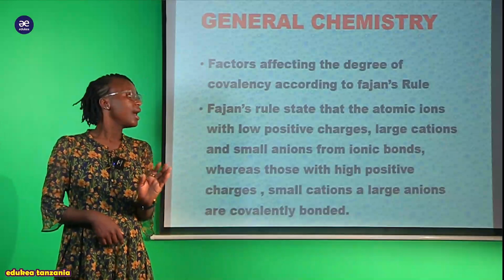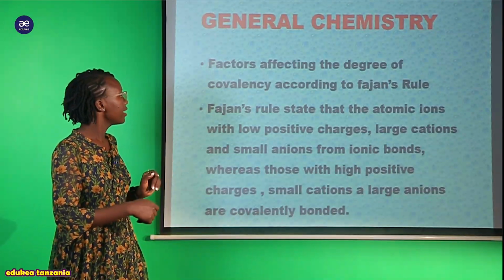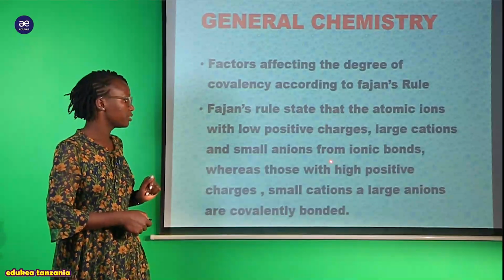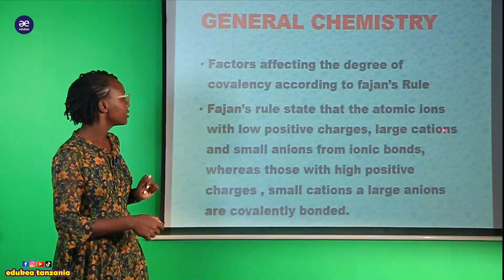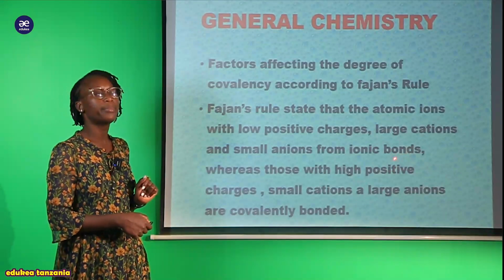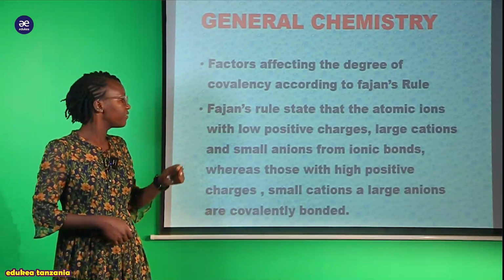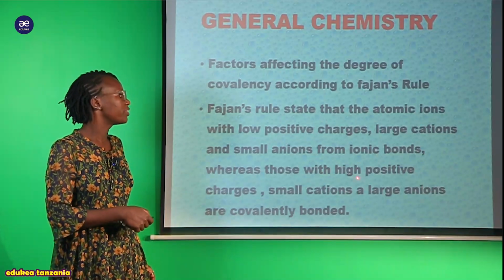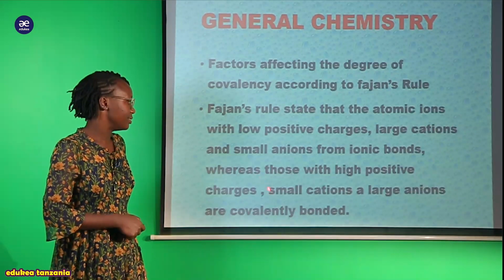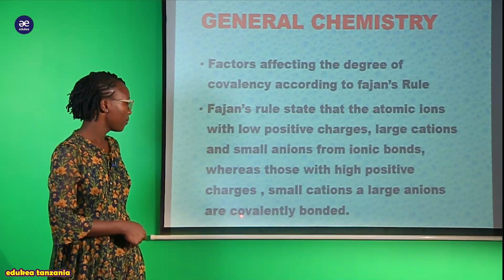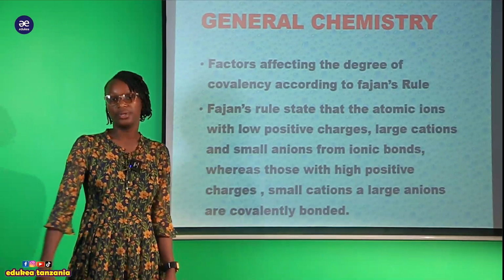You have to understand this. Anasema kwamba the Fajans rule states that the atomic ions with low positive charge, large cations and small anions tend to form ionic bonds. Basi tunapokuja vice versa, those atomic ions with high positive charges, small cations and large anions tend to form a covalent bond.